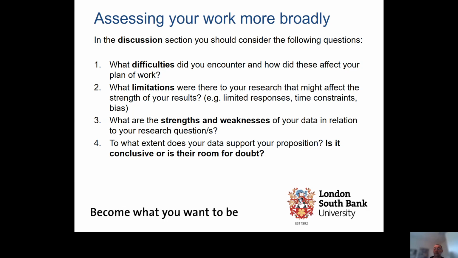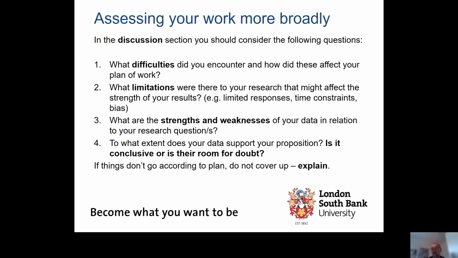And I've talked before about the idea of doubt and uncertainty being a good thing. So it's okay to recognize that your research doesn't give you an absolute conclusive answer to your research question. There are some gaps there. It's not certain, and explain why it's not certain. Explore that. Think about it and explore that by writing about that in your discussion section.